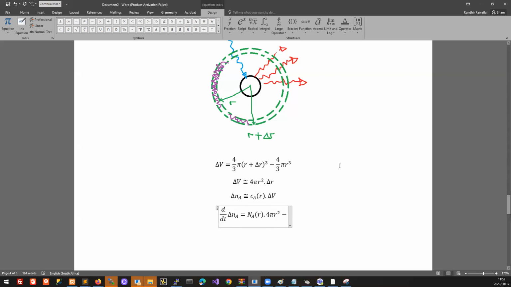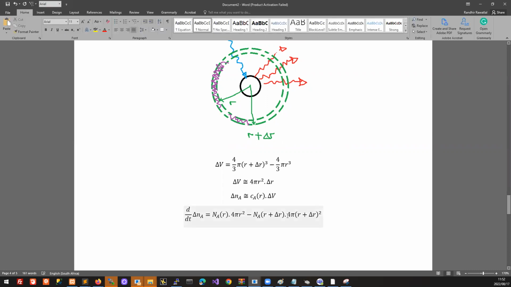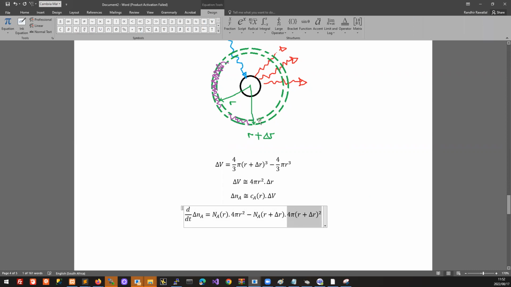And then leaving the space is going to be out here. We've got the molar flux at position R plus delta R. And the area there is 4 pi, and we need to say here R plus delta R squared. And again, notice that we are talking about the area that's normal to the flux direction.